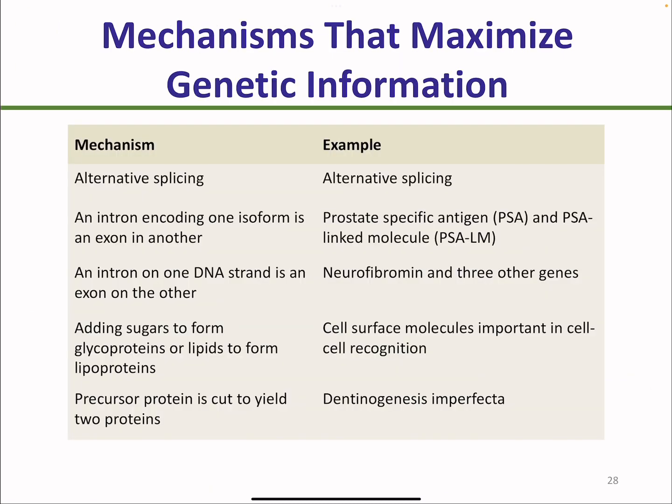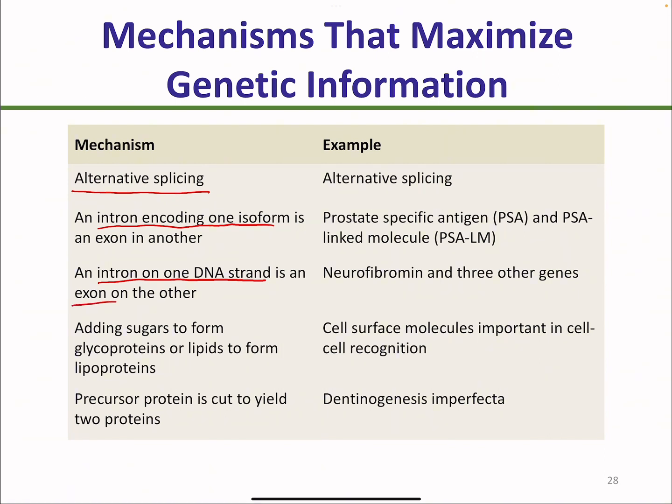All right, so what are the mechanisms that maximize the genetic information? We are going to have alternative splicing. We're going to have introns encoding one isoform that is an exon in another. An intron in one DNA strand can be an exon in another DNA strand.